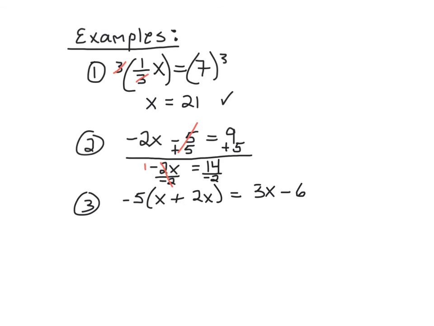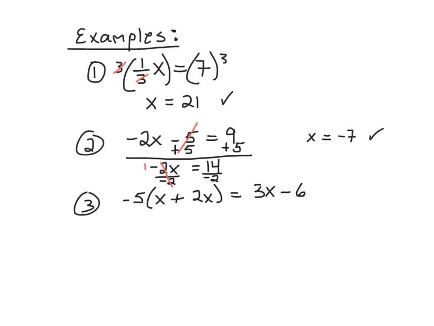And write it up over here. And on the other side of the equation, well, I have 14 divided by negative 2, which gives me negative 7. And we have also completed that equation. We've isolated the variable, and our solution is x equals negative 7.